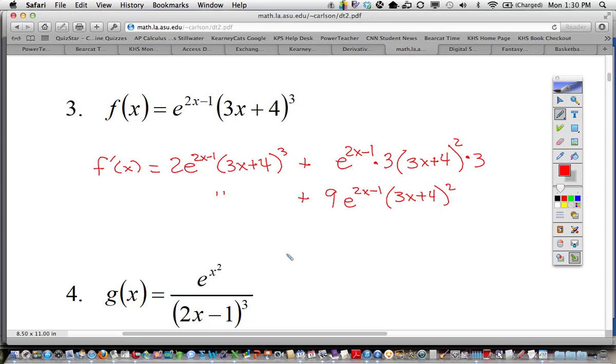Okay, answer's up there if you want to look. Again, there would be some things you could factor. It's two quantities added together. You could factor out some of those common quantities, but it doesn't really do much for you, so probably not necessary.